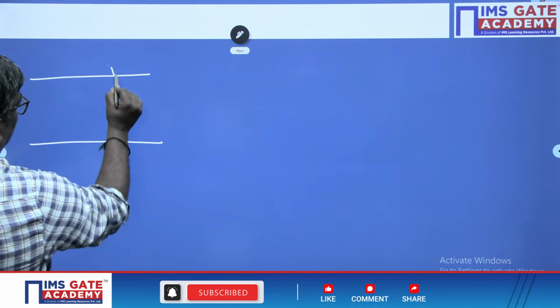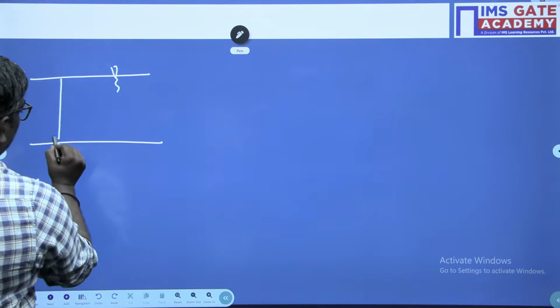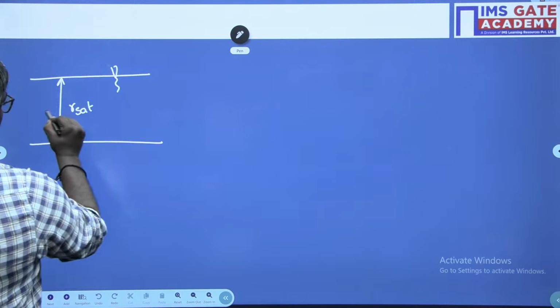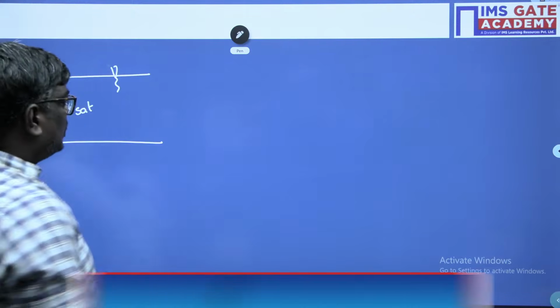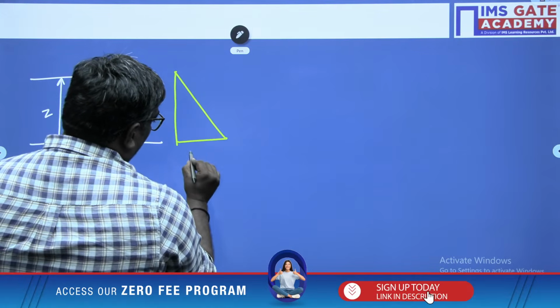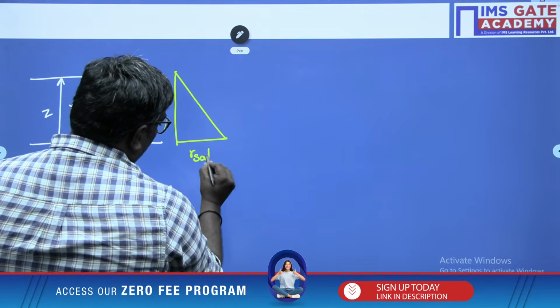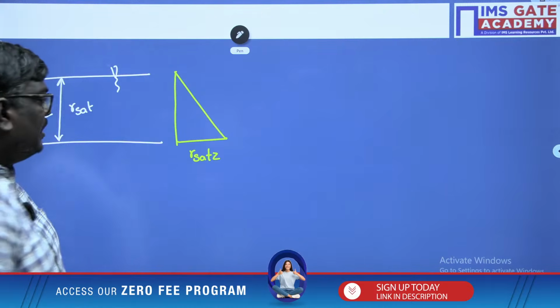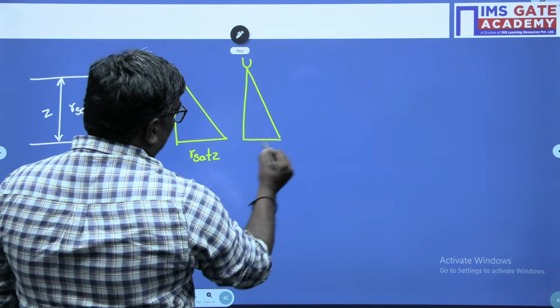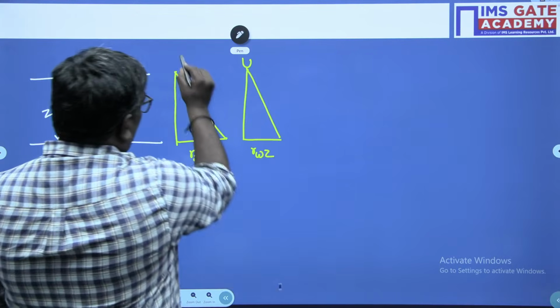Now see, case 3. If you have some water table, what will be the condition of the soil, sir? It will be saturated, right? Now, total stress will be taken as gamma sat into Z. What will be the pore water pressure? It will be gamma W into Z. This is total stress.